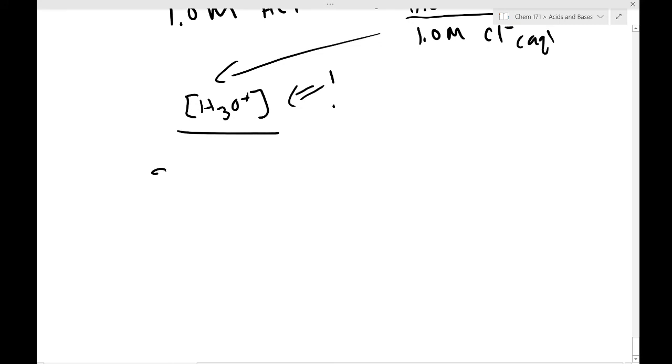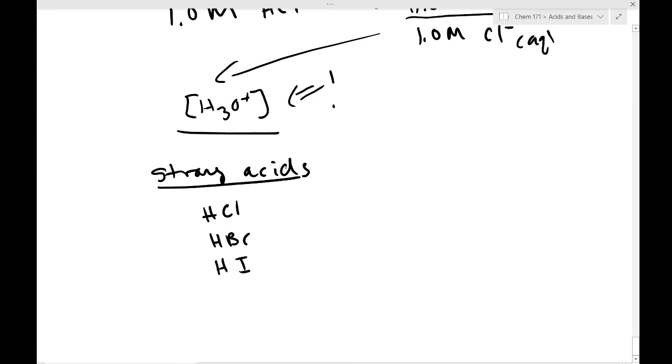Some examples of strong acids are HCl, HBr, HI, HNO3, H2SO4, HClO4.